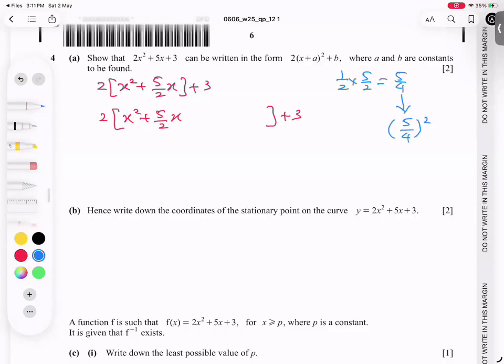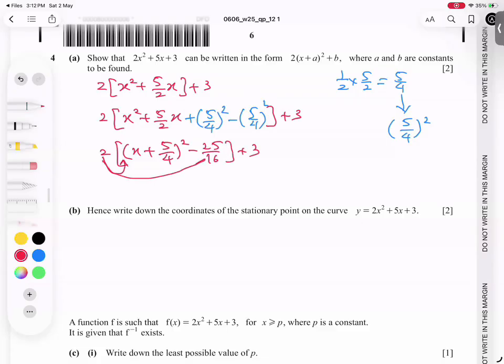So one time add and one time subtract. These three terms will combine, and this is left behind inside a bracket, negative 25 over 16. Now these two multiply here and multiply with this number.